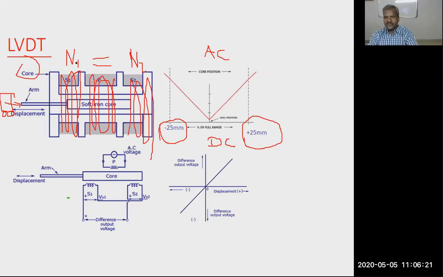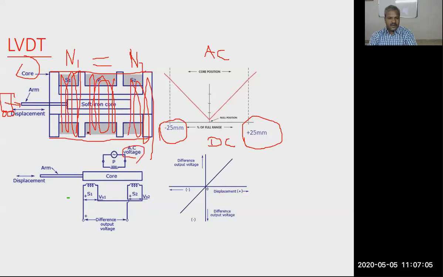So what are the parts of LVDT? The hollow cylindrical tube; in that there are two layers. The three coils are wound over the inner tube. Again it is closed by another cylindrical sheath, so there are two tubes with insulation. For the equivalent circuit, here also there is AC excitation.